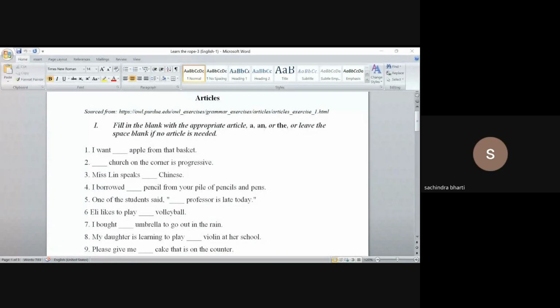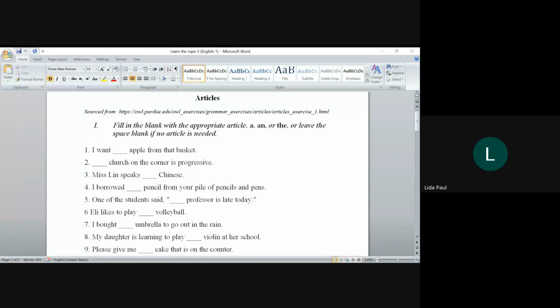If it is a dance, no, there it does not apply. Dance in the sense, you mean my daughter is learning to dance at her school. Learning to dance at her school will not require any article.